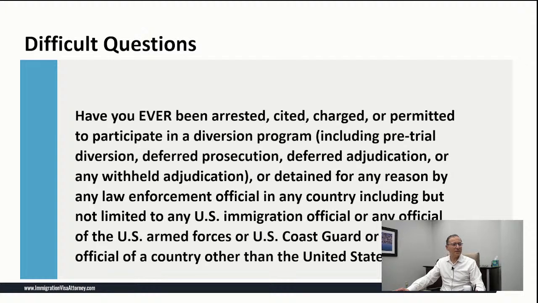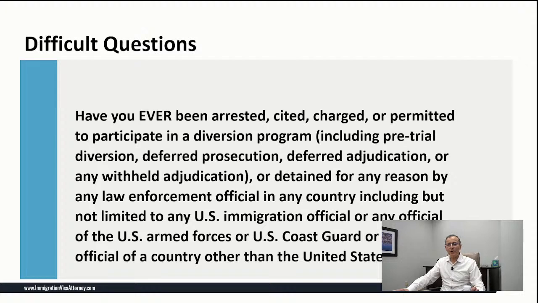Also, not only is it complex, but it's also vague. Similar official of a country. Well, how do I know who is similar, who is not similar? My advice is if you can answer no in 100% comfort and strength, answer no. And if you have to answer yes, talk to an attorney before you answer yes.